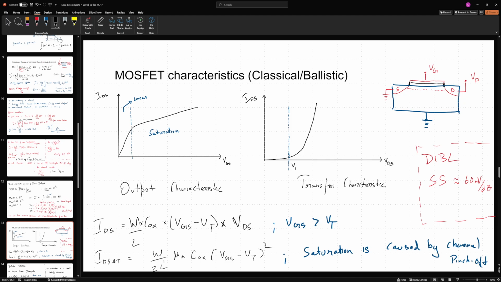So this is VT, and over here I'm in the off mode for the device, or this is also called the cutoff. And over here we are in the active region, active and saturation region essentially.